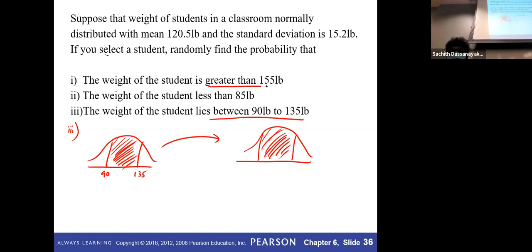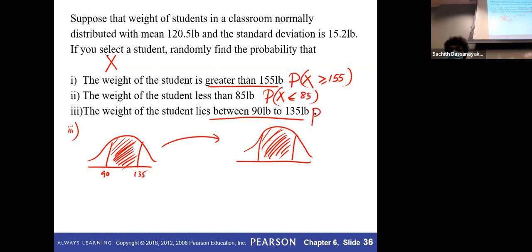How do we write this one? Let's say my random variable is capital X. Using notations, the probability of capital X greater than or equal to 155. Second one, probability of capital X less than or equal to 85.